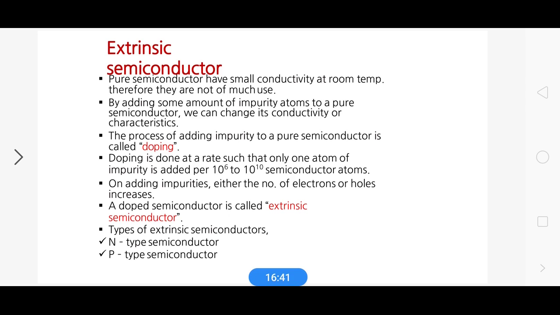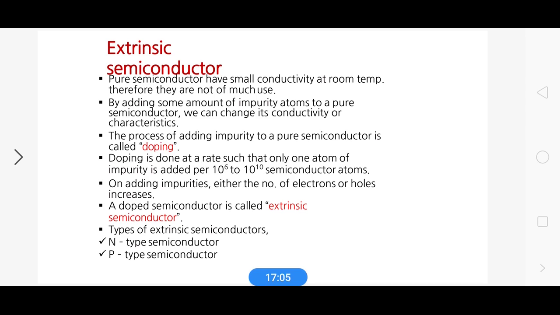But by adding some amount of impurity atoms to the pure semiconductor, we can change the conductivity or the characteristics of the semiconductor.